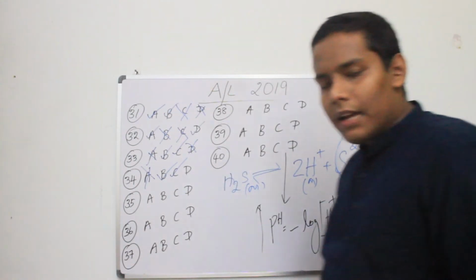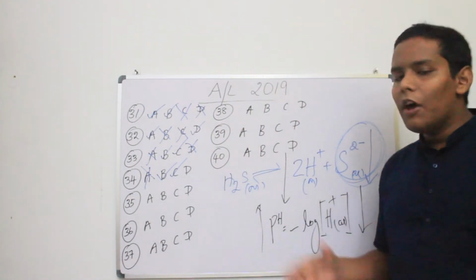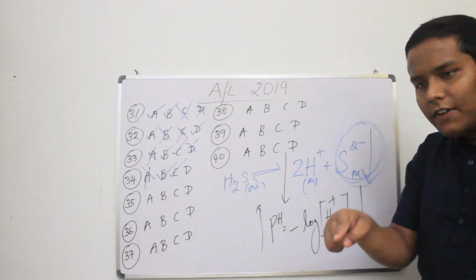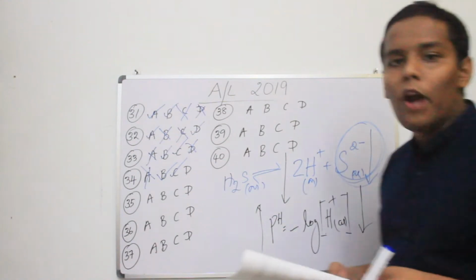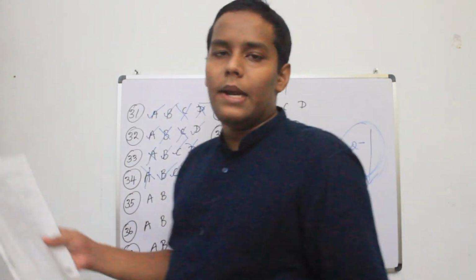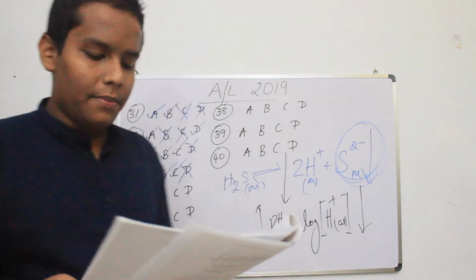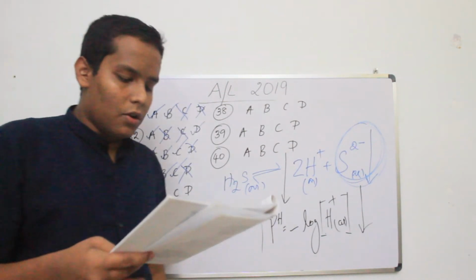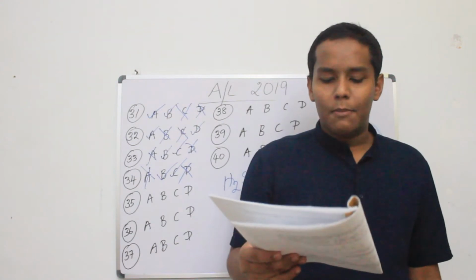According to Le Chatelier's principle, the forward reaction is favored, so the S2 minus concentration should increase, not decrease. So D is a wrong statement. For 34, since B and C are correct, your answer should be answer number 2.